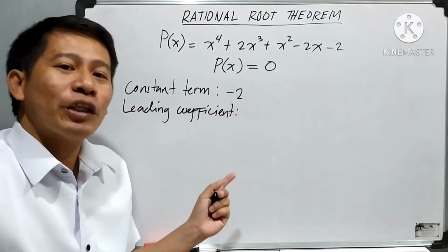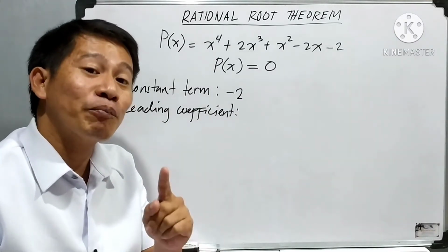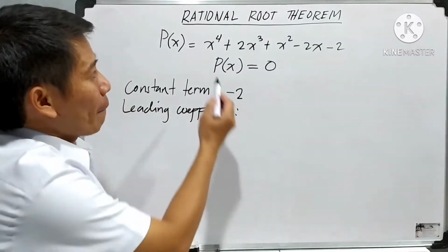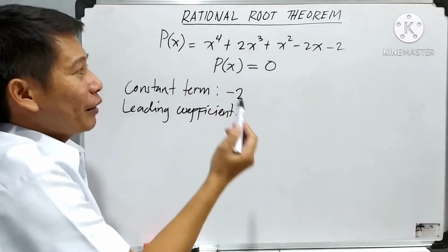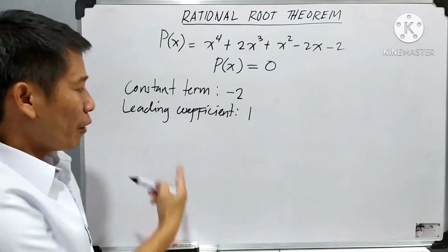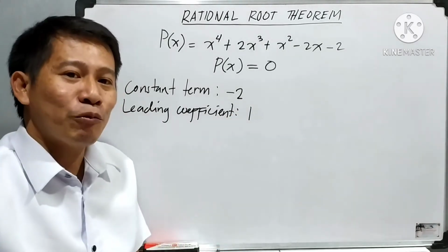The leading coefficient is the numerical coefficient of the highest power in our given terms. In our example, x raised to 4 is the highest power. So the numerical coefficient of this is 1. And that is our leading coefficient, 1 or positive 1.